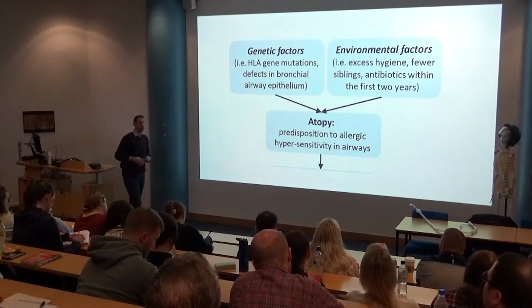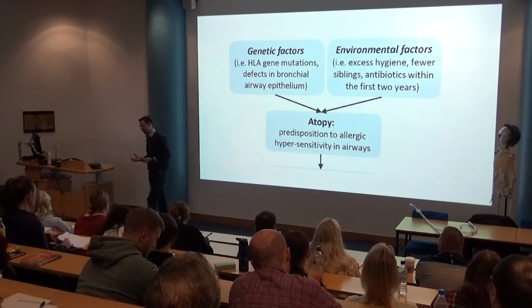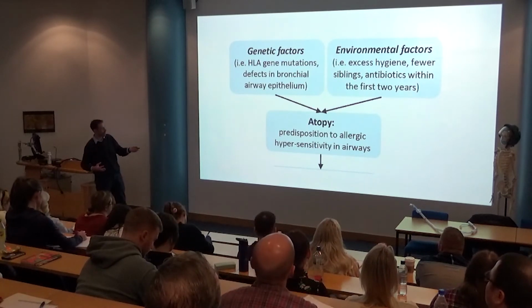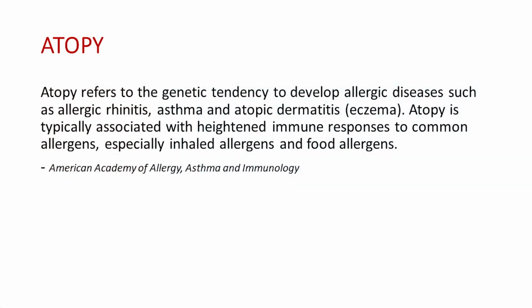And as we said, 3/5 of asthmatic patients are genetically linked. This is one of the main factors. So here we go, I even put a definition in there for you. Atopy refers to the genetic tendency to develop allergic diseases such as allergic rhinitis, asthma, and atopic dermatitis or eczema.